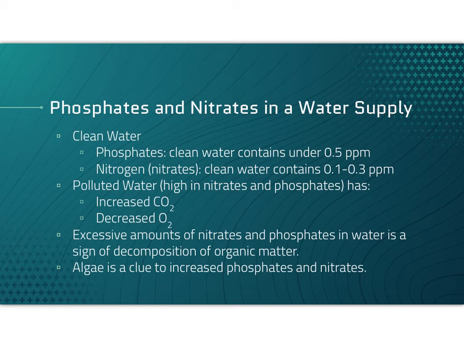Excessive amounts of nitrates and phosphates in water is a sign of decomposition of organic matter. So dead or fallen trees, maybe runoff from a field of cattle. Algae is a clue to increased phosphates and nitrates.